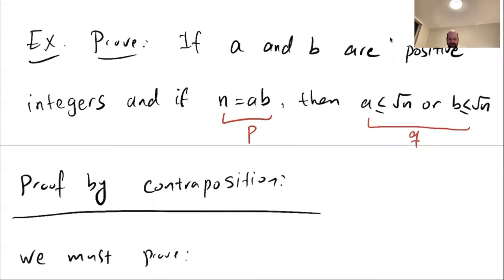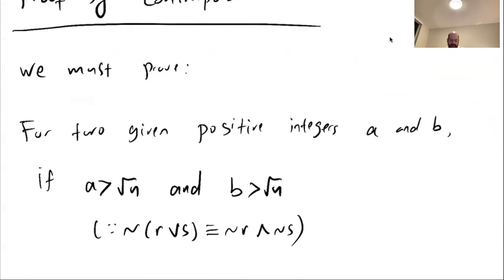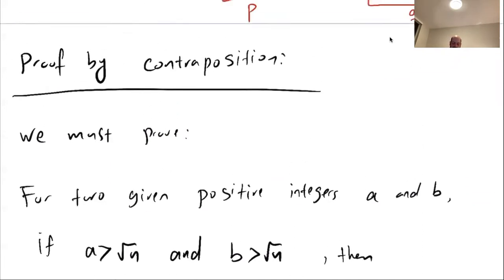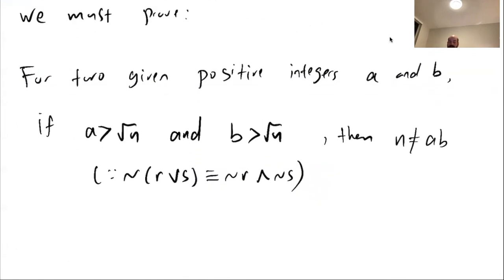So the negation of a less than root n or b less than root n is a is bigger than root n and b is bigger than root n. Then, what is the negation of n equals ab? n is not equal to ab. But now this is very easy to prove.